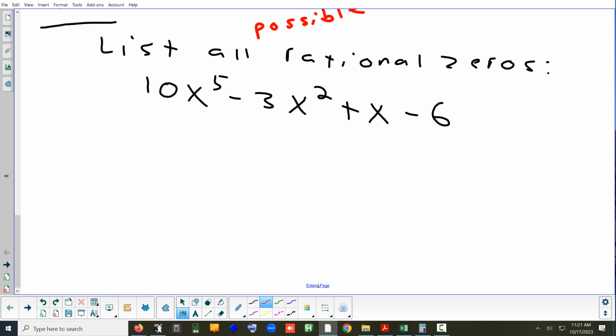List all possible rational zeros. In other words, I want to know every possible place that this graph could cross the x-axis at a fraction. So the first step is to list all the values for P and all the values for Q.